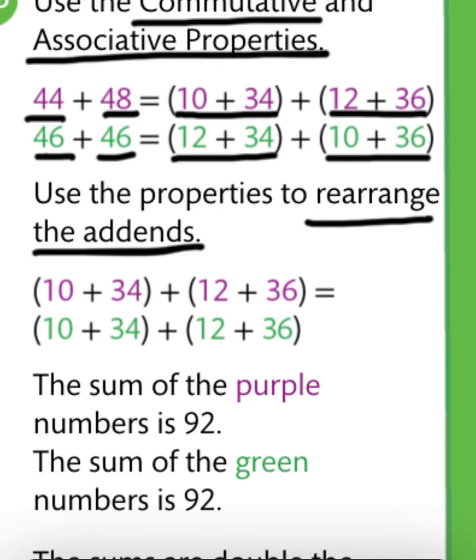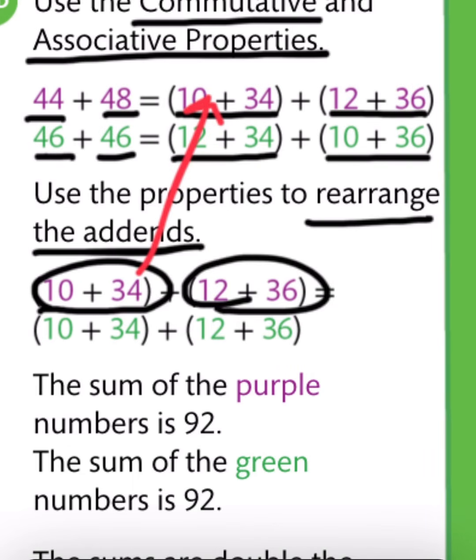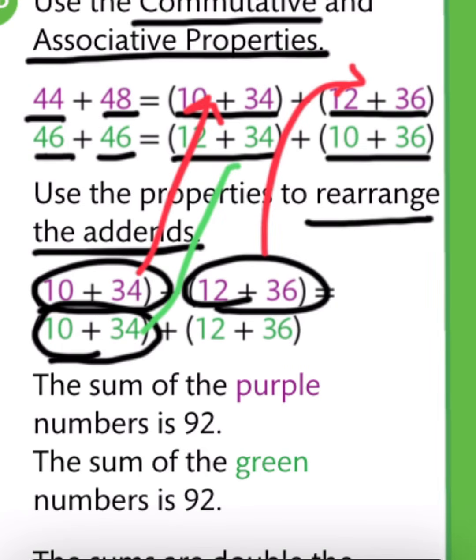All right, so 10 plus 34 was this one right here. And 12 plus 36, again, was this one right here. And 10 plus 34 is the 44, so that's how she got that, is 10 plus 34.